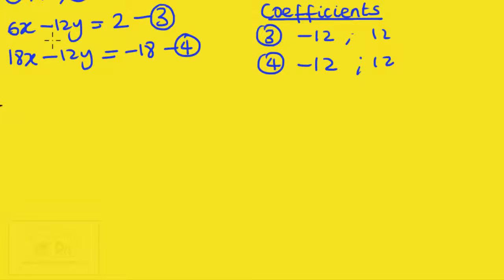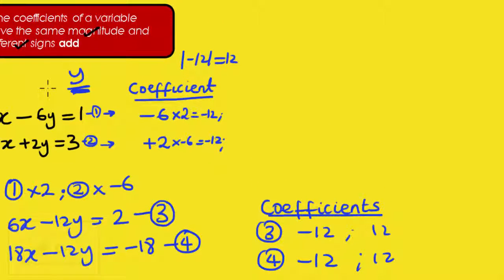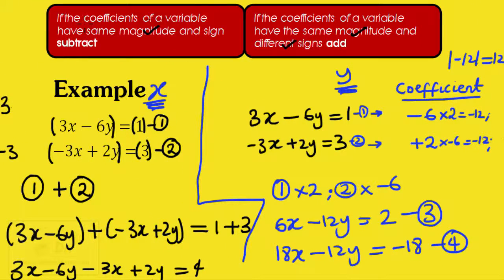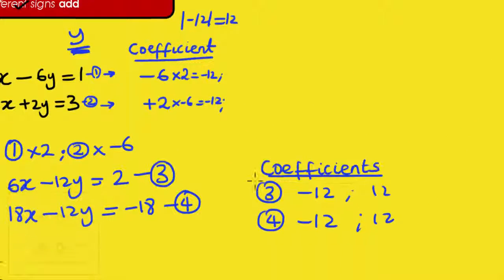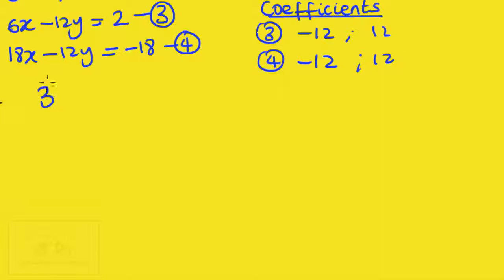They have the same sign, and the rule says when the coefficients have the same magnitude and the same sign, you subtract one equation from the other, and that's what we're going to do here. So equation 3 minus equation 4 is as follows.